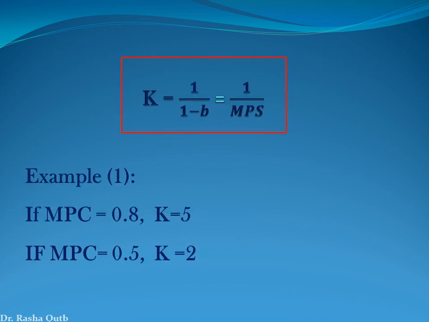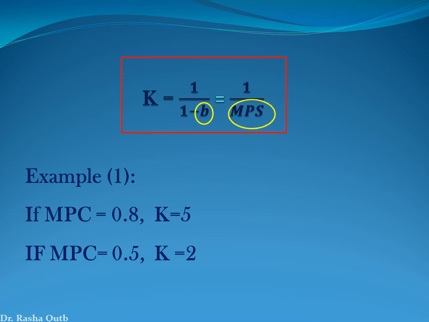Again, the value of the multiplier K equals 1 over 1 minus B, or 1 over MPS, the marginal propensity to save, which means that the value of the multiplier is affected by the marginal propensity to consume and the marginal propensity to save.